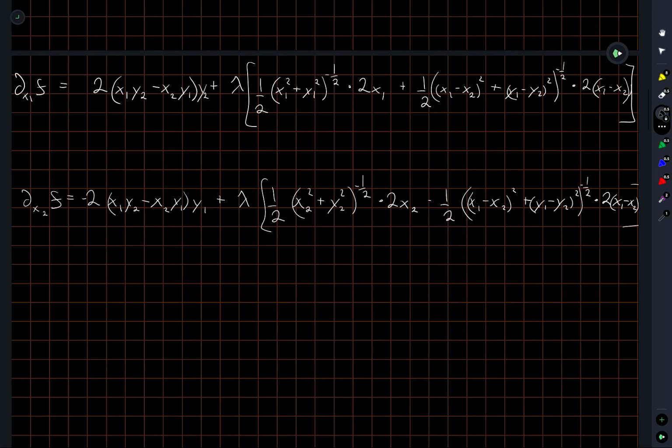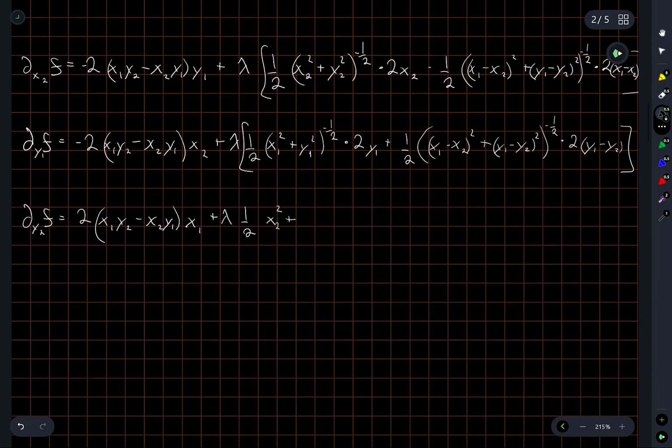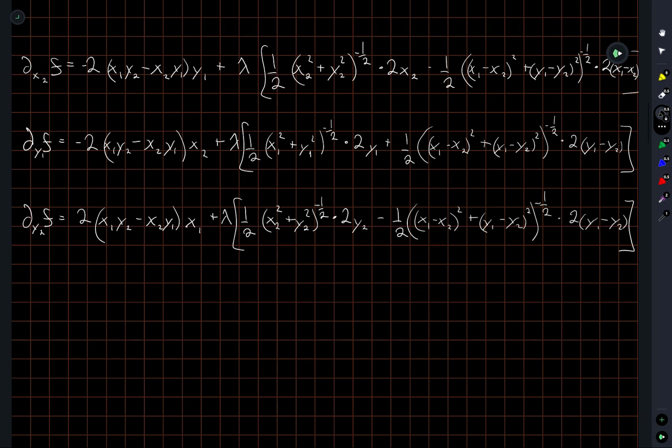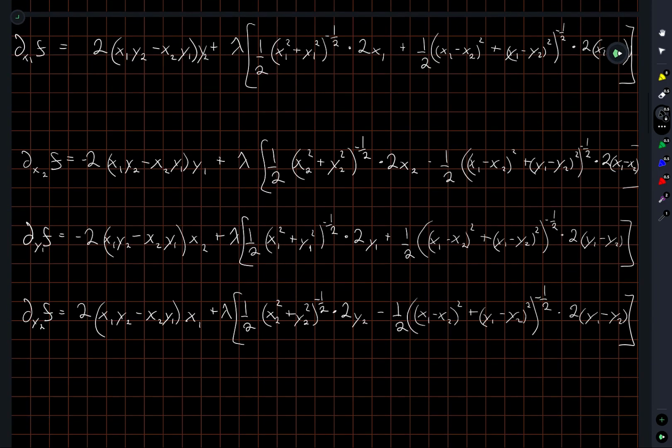Okay, the derivative with respect to x2. And the derivatives with respect to y1 and y2. So I have 5 variables, the x's and the y's, and lambda. All 4 of these expressions should be equal to 0.